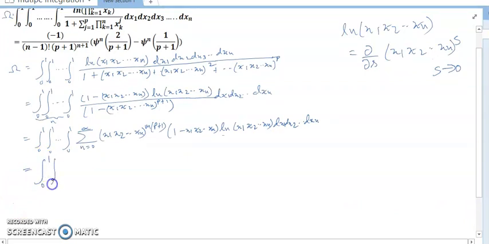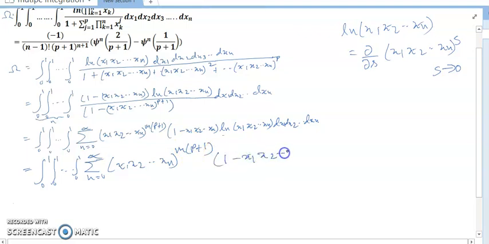So I can write this way: 0 to 1, 0 to 1 up to 0 to 1, summation m equals 0 to infinity of (x1 x2 ... xn) to the power m into p plus 1, into 1 minus x1 x2 ... xn, into (x1 x2 ... xn) to the power s, where s tends to 0.